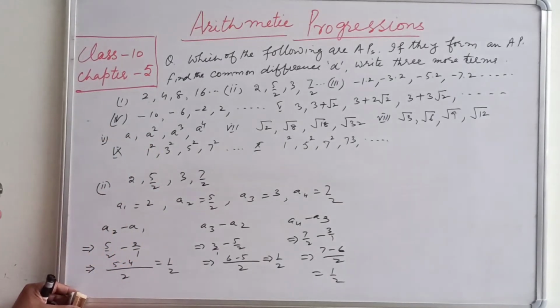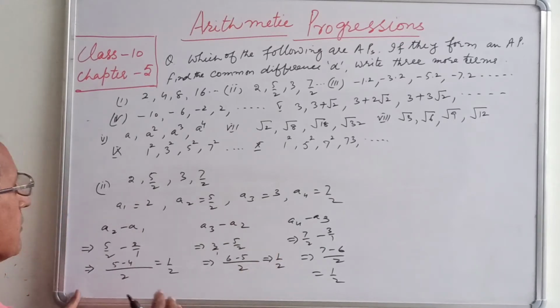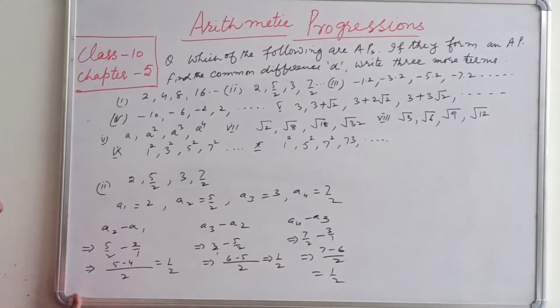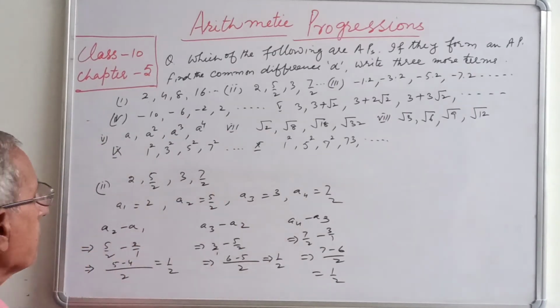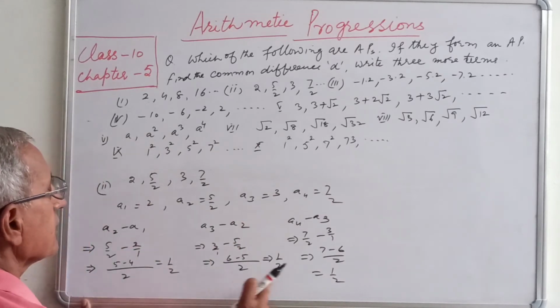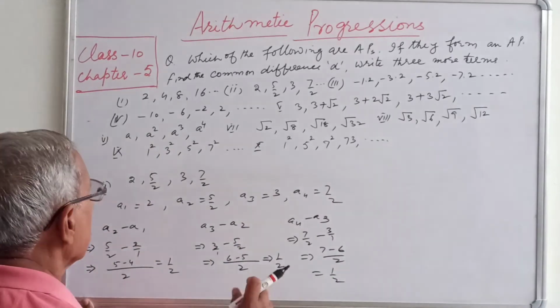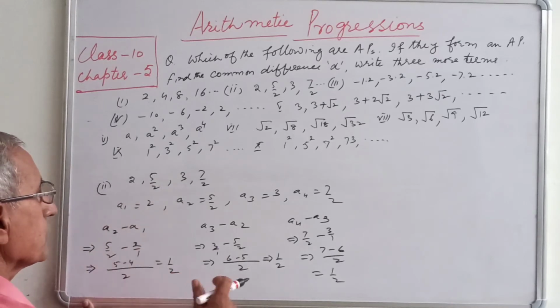Since the difference between two successive terms is the same, the sequence forms an AP. Therefore, the difference between two successive terms is 1 upon 2.